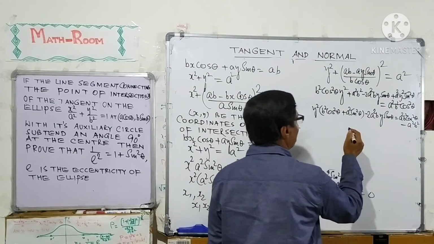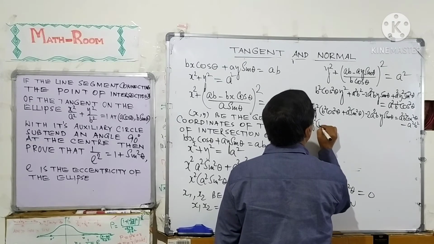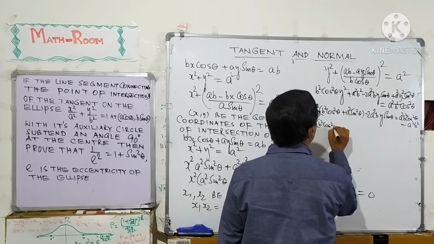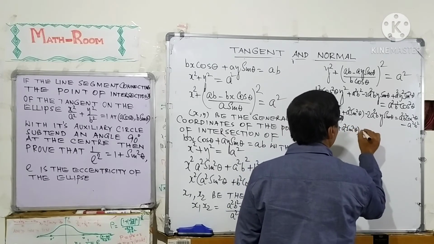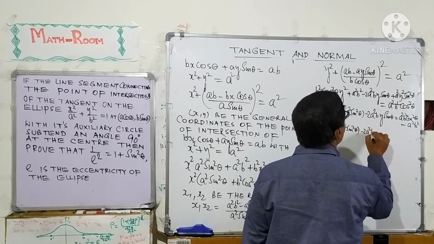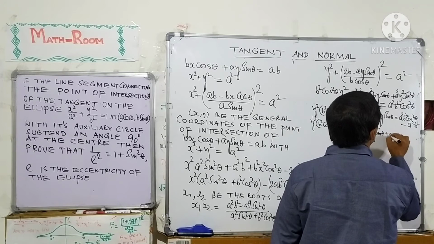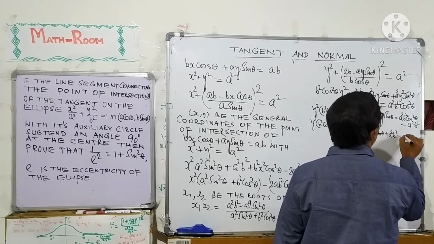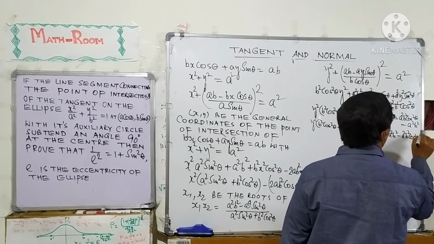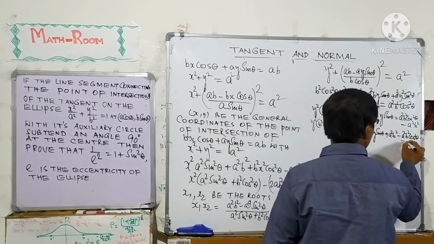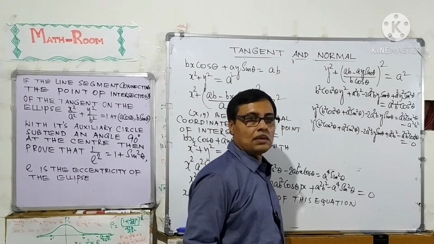Also you can write y square (b square cos square theta plus a square sin square theta) minus 2 a square b y sin theta plus a square b square minus a square b square cos square theta. This is equal to 0. So this is a quadratic equation in y.